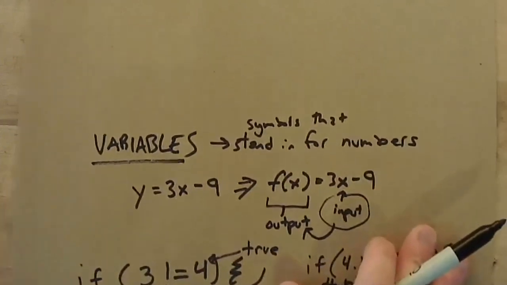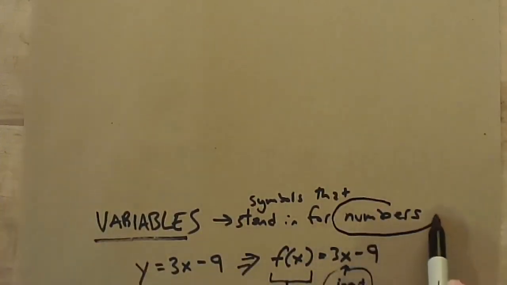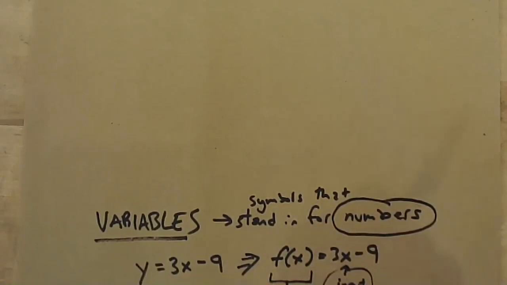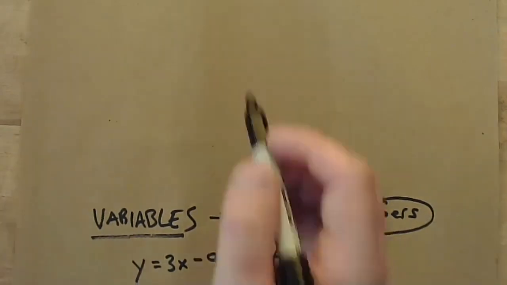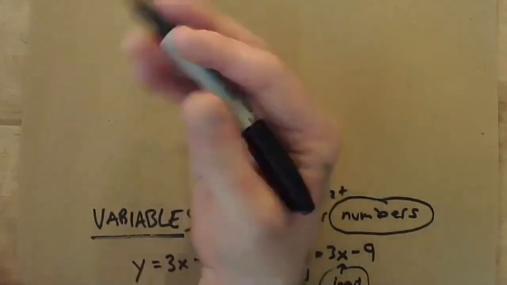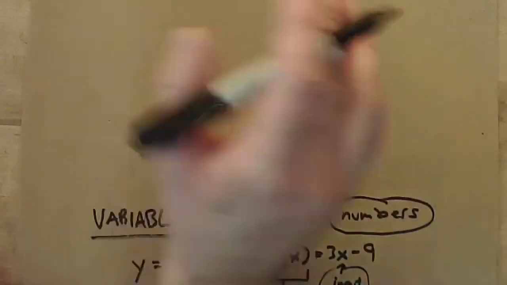The difference with variables in code is they don't just have to stand in for numbers. They can stand in for various different types of information. And also, they're not just symbols necessarily. They can be any string of characters. So I can have a variable that might be pertinent for things that we were doing if you wanted to get into game design or graphic design.